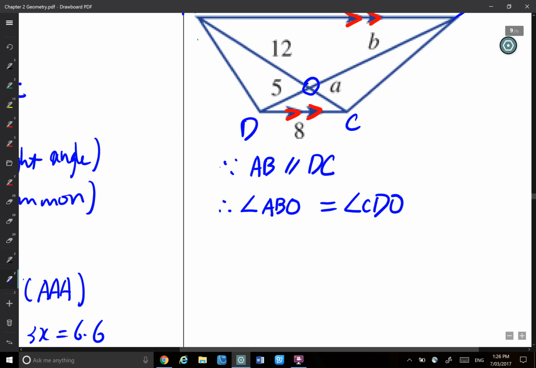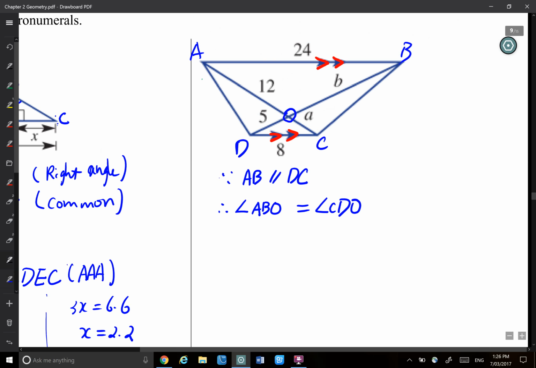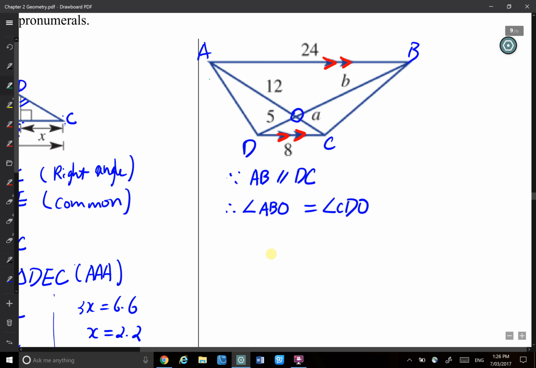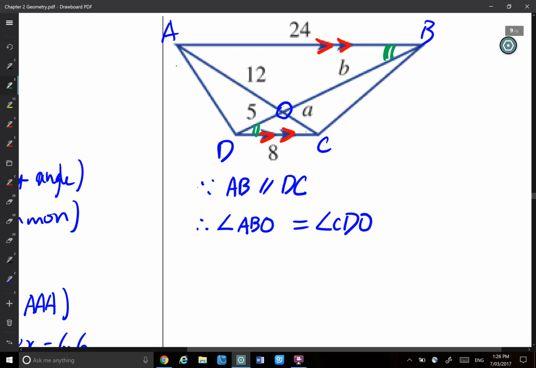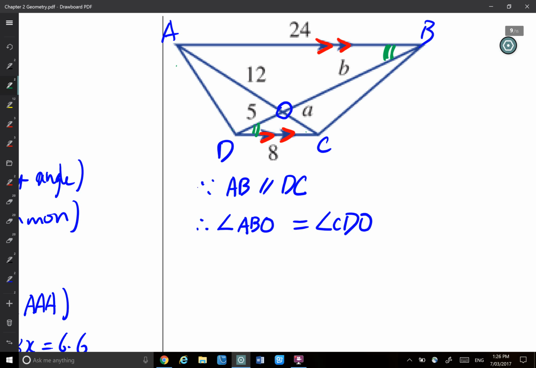So which one is that? We have ABO, which is this one, and CDO, which is this one. Because of alternate angles, let's see the two green angles. And we can find another pair of alternate angles.